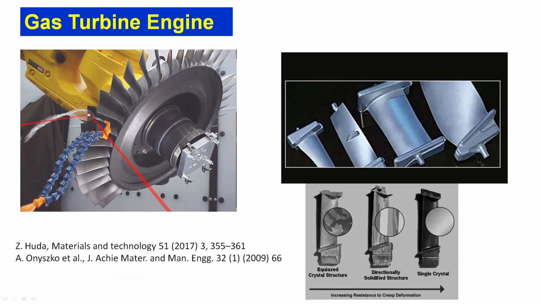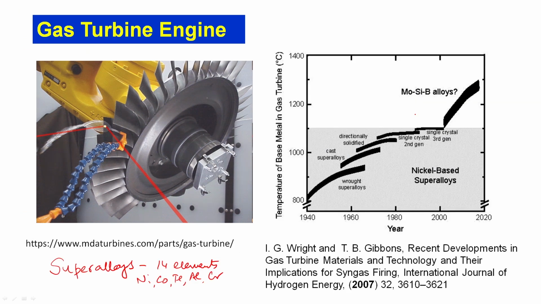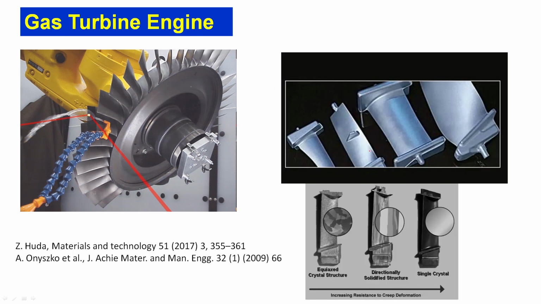Now I will show you many of these aspects. These are the blades which you use, and as you see here, there are different kinds of blades. These blades can either have an equiaxed crystal structure, which means only cast superalloys, or they can be directionally solidified with multiple grains, or they can be single crystal also.